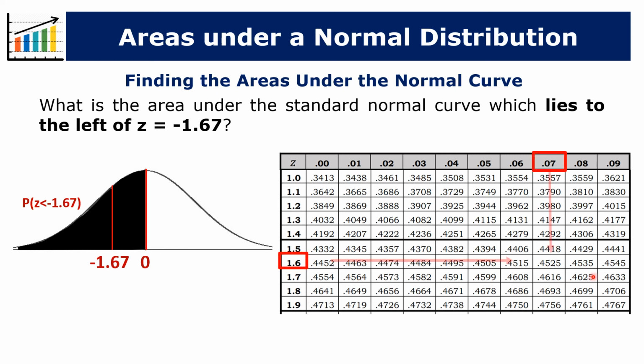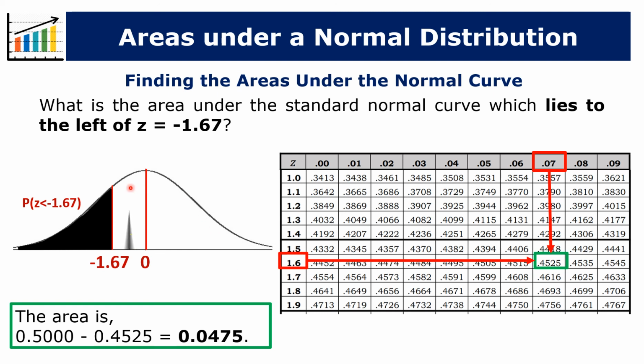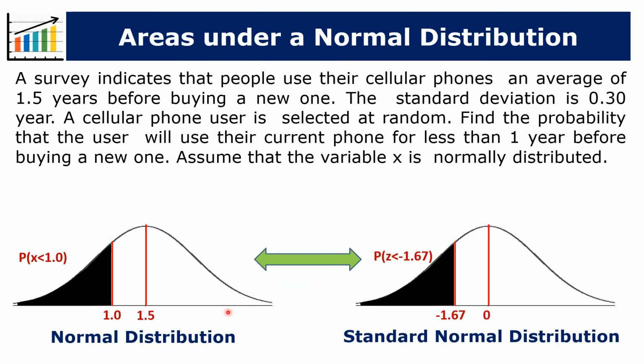Using our z table, the area is 0.4525. So, it means the area of this is 0.4525. And since that is 50%, para makuha natin yung area nito, we just simply subtract 0.5 minus 0.4525. And we will get 0.0475. So, pwede na natin tanggalin to. And the area of this is 0.0475.